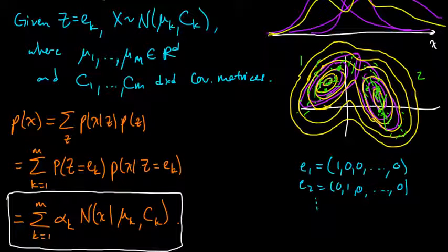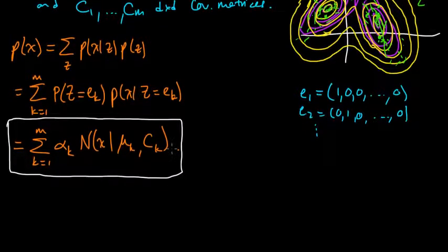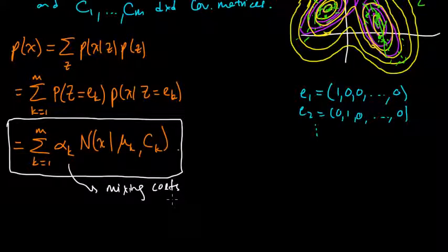So that's sort of these pictures that we were drawing before. And these coefficients are sometimes called the mixing coefficients. So it's a convex combination of Gaussian PDFs.